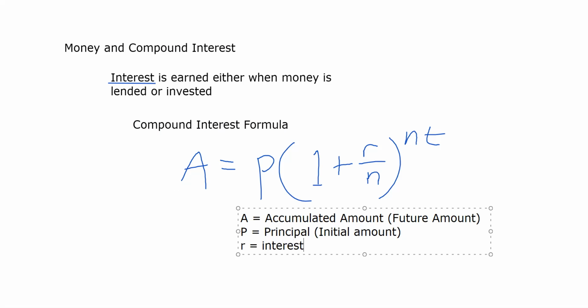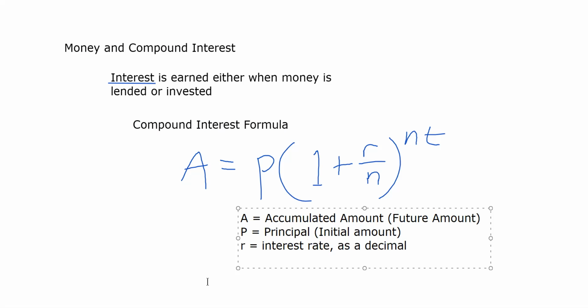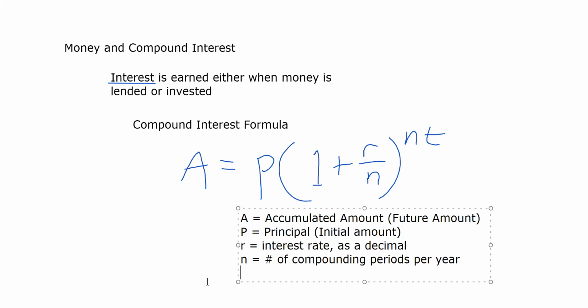R is going to be the interest rate as a decimal. N is going to be the number of compounding periods per year. We won't go into uber detail about that. I'll just tell you it's usually something you're going to be able to glean very quickly from the information. And then T is going to be the number of years that we invest this money at.